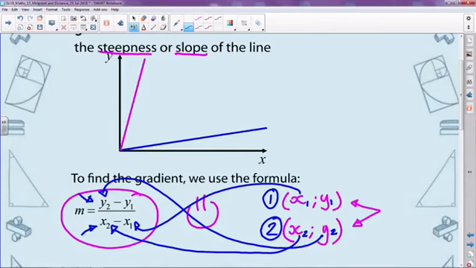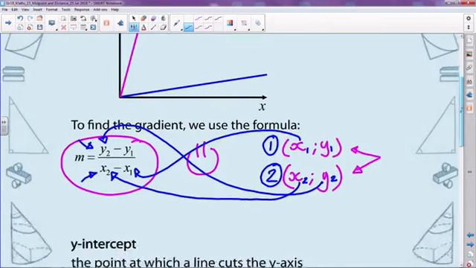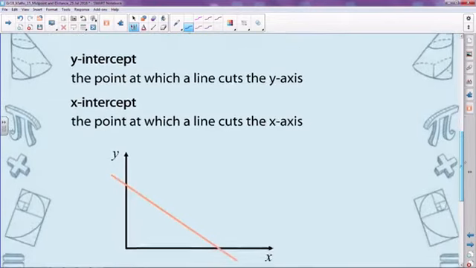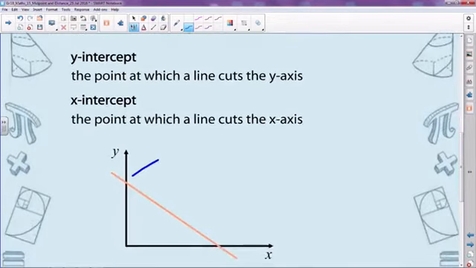Okay, let's move on and see what the y-intercept is. And obviously, that is the point at which the line cuts the y-axis. So let's just label it y-intercept, and we know at that point x is equal to 0, but y will be equal to something else.